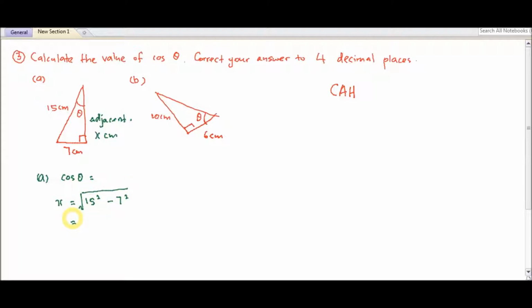Just press the calculator. You will get square root 176. I just leave the length as square root 176 first.